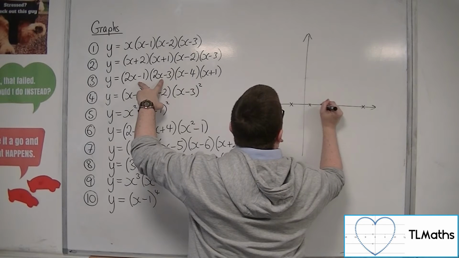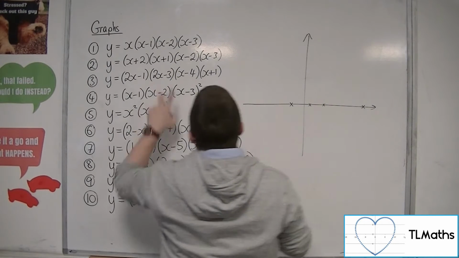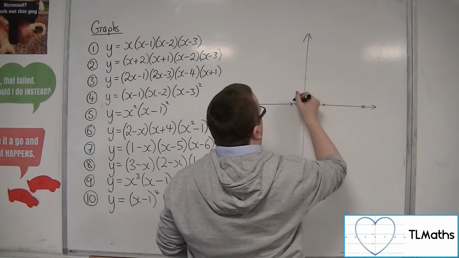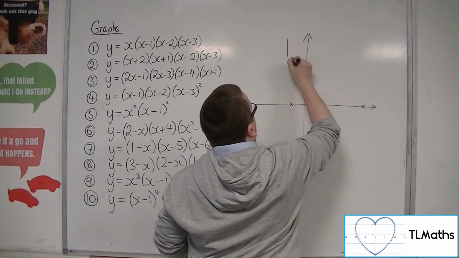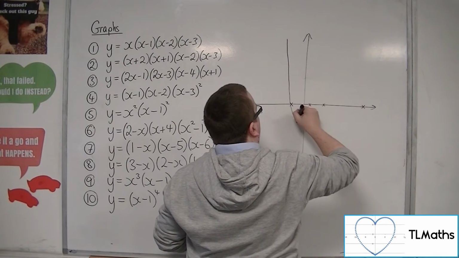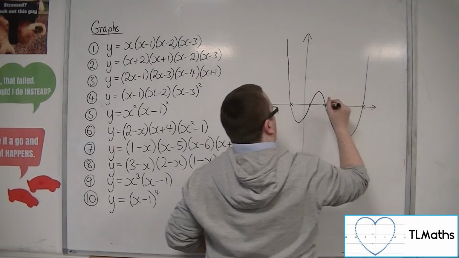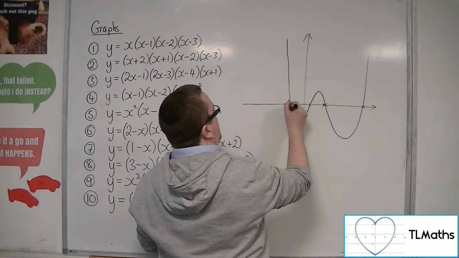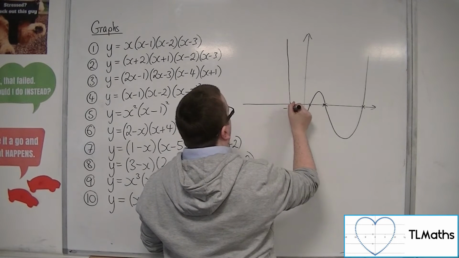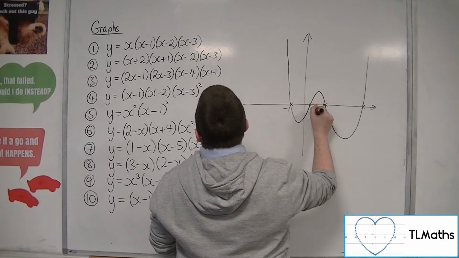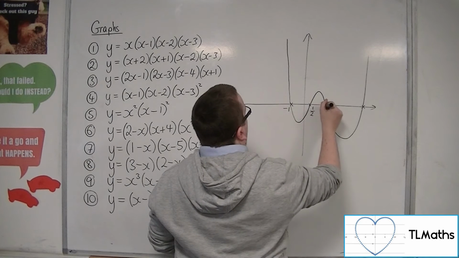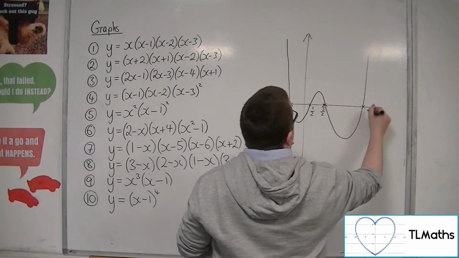So a half and 3 halves. So we must have something like this, shooting off like that. So we've got the minus 1, we've got the half, and we've got the 3 halves, and we've got the 4.